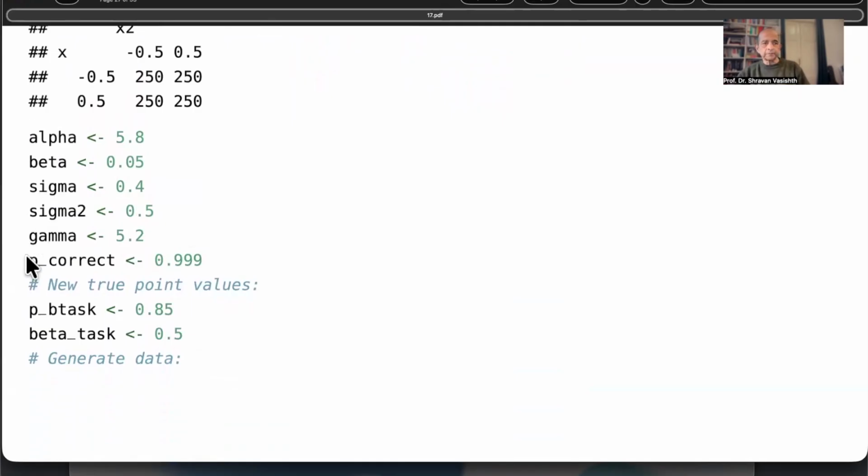Then come the point value specifications for simulating the data. So these are all the numbers that I've already discussed. This is the probability of a correct response when you're engaged.